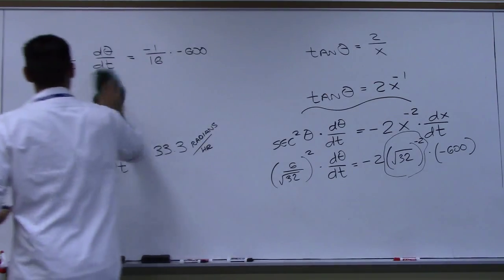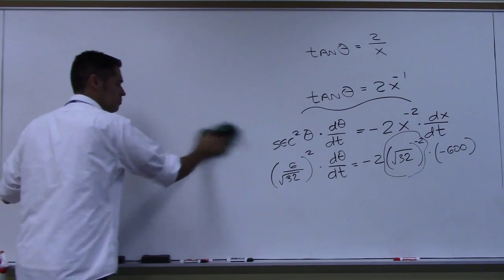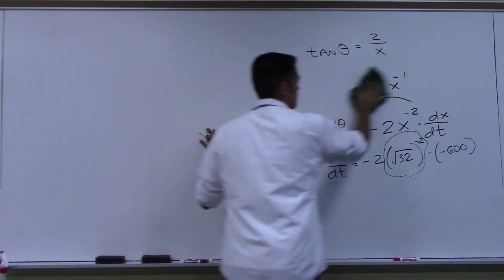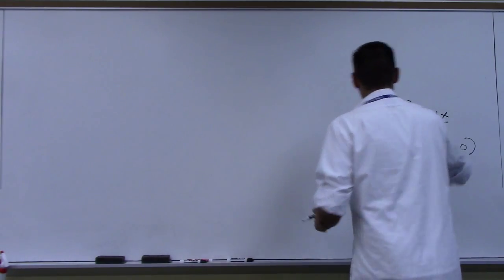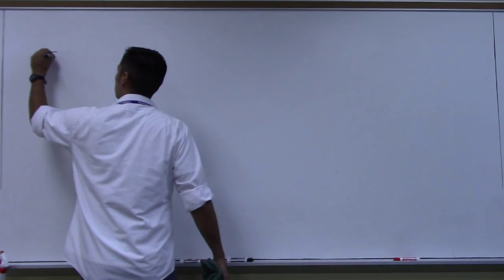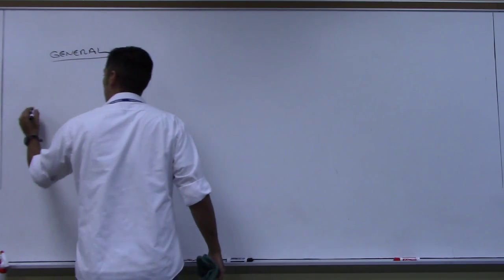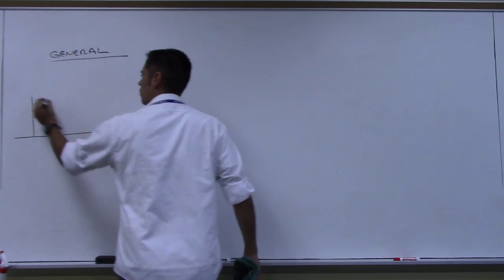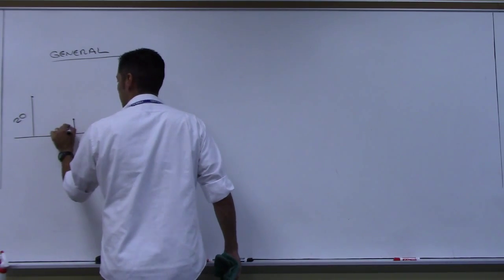So, do you think you could have come up with that drawing on your own? That's kind of a question you have to ask yourself: could I have done that? Because your general picture, you've got a pole, it's 20 feet, you've got a man, he's 6 feet.